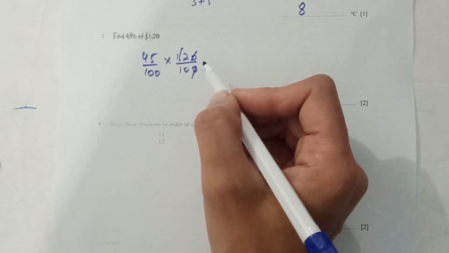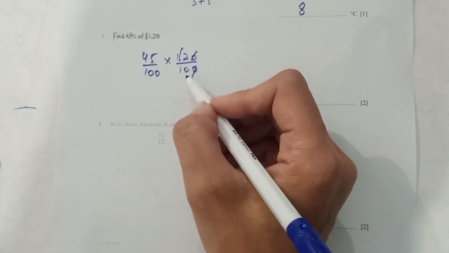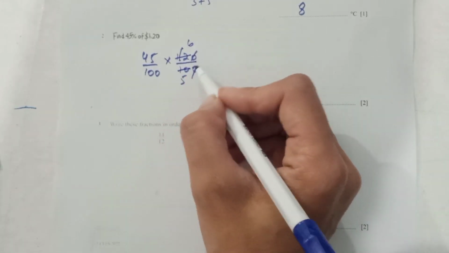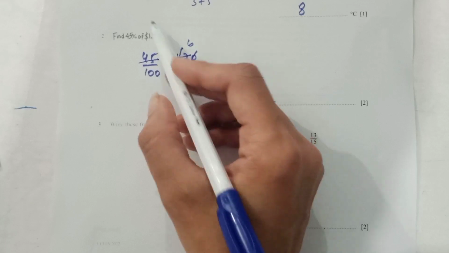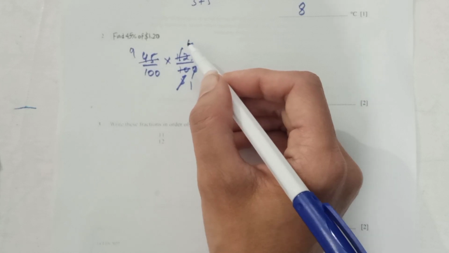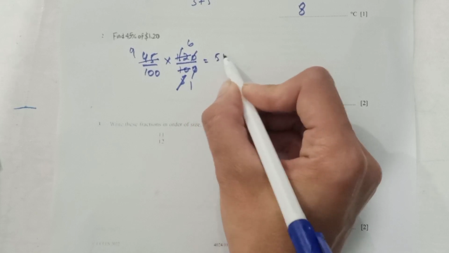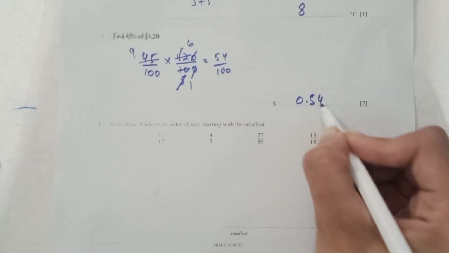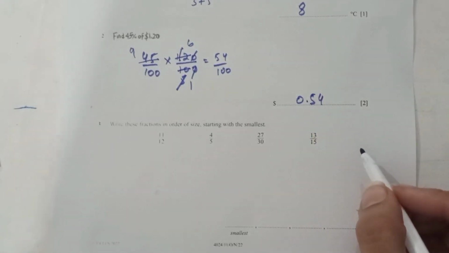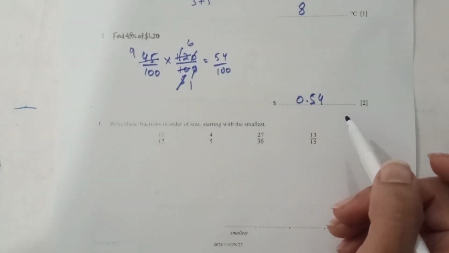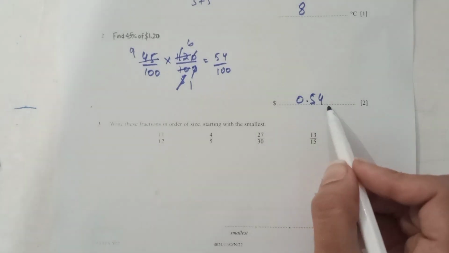That 0 is cancelled by this 0, and both are simplified using the table of 5. 5 times 9 is 45, and 6 times 9 is 54 over 100, and by dividing we get 0.54, and this is the answer of question number 2. It's solved.